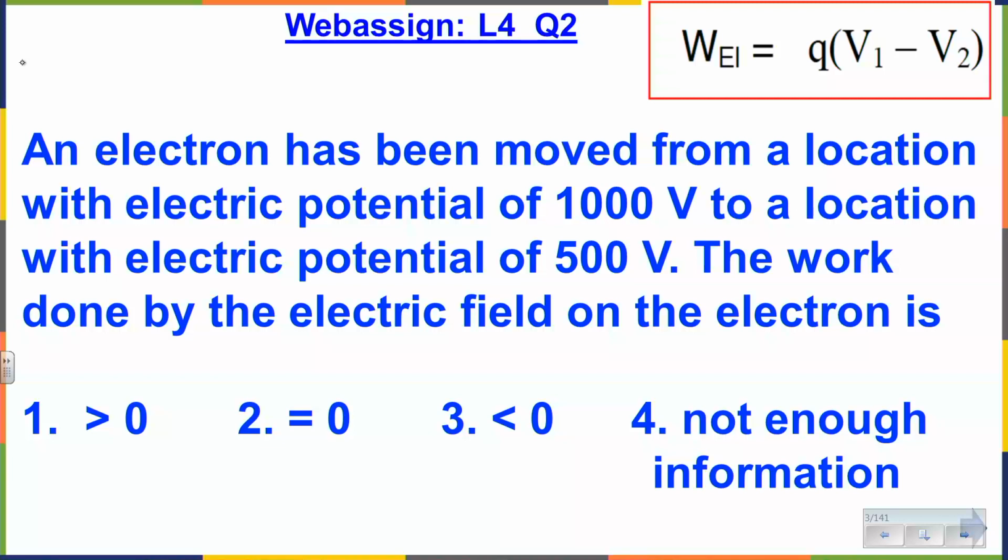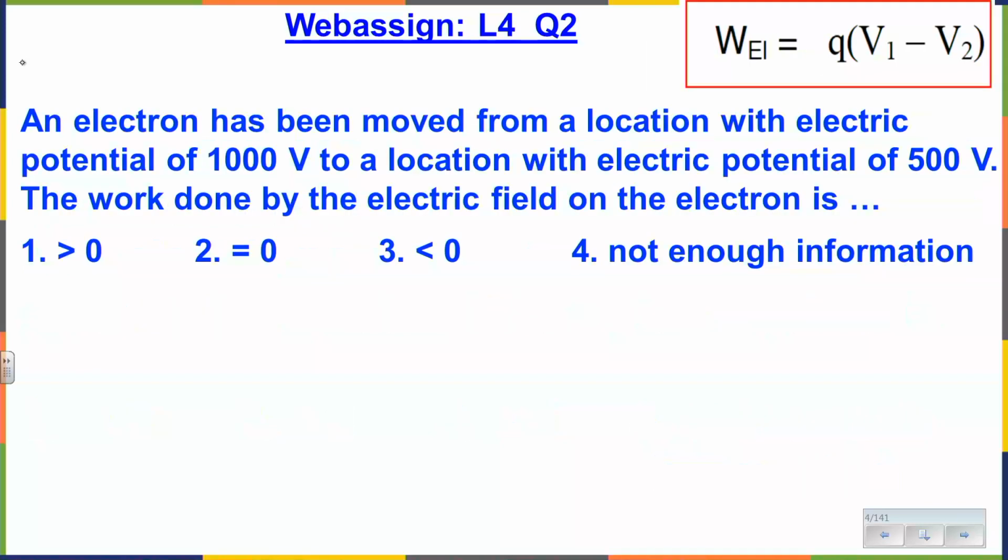All we know is that the initial electric potential was this, and final was that, and we know the equation. And the work is a number, as any number, real number. It only can be negative, positive, or zero.